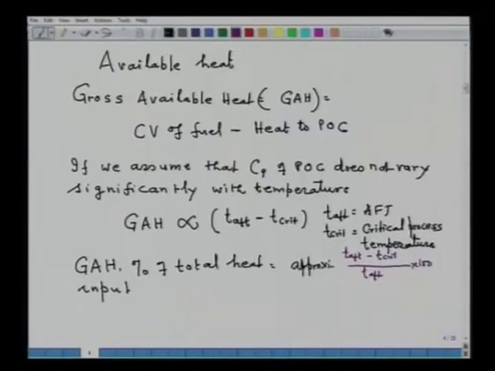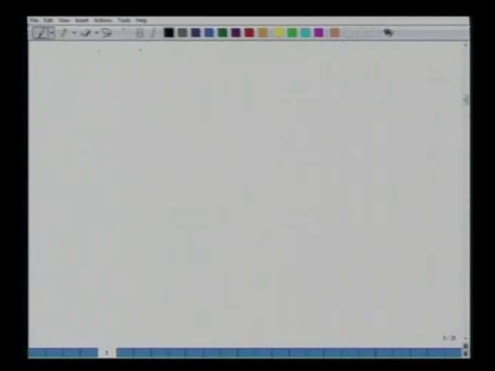Now, for example, let us take TAFT is equal to 1200 degrees Celsius and our T critic is also 1200 degrees Celsius.